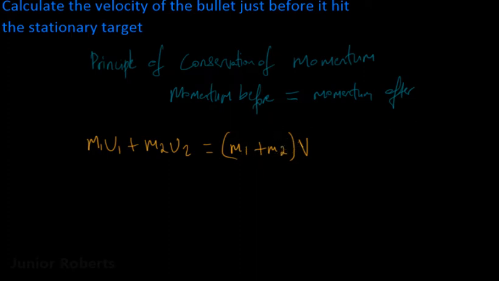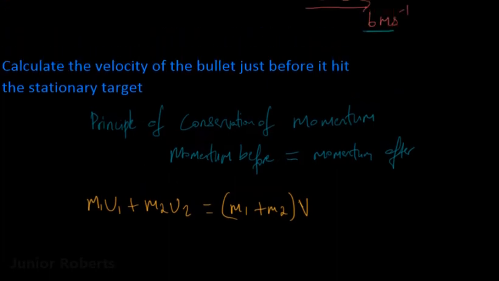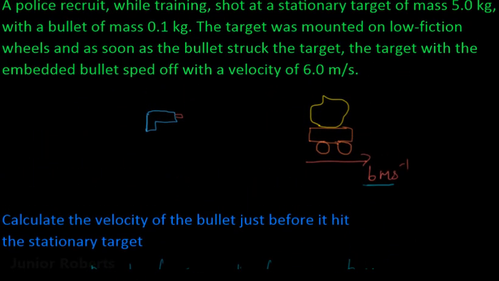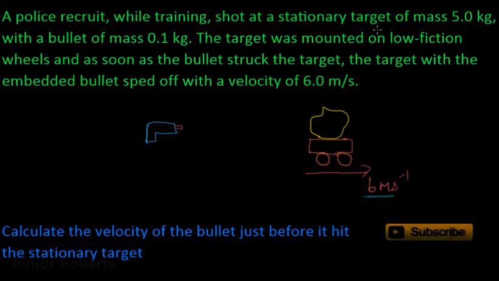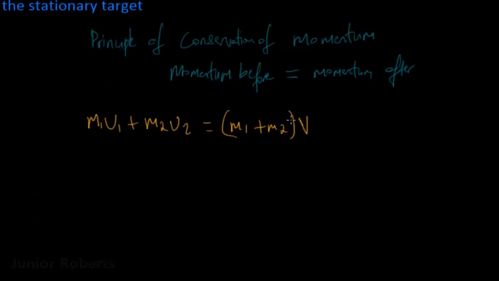So let us say m1 is the bullet, m2 is the target, and u1, which is the initial velocity of m1, is unknown.